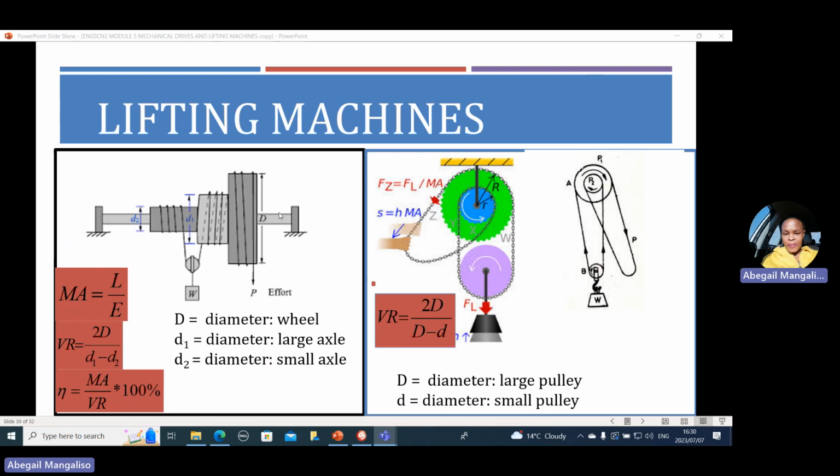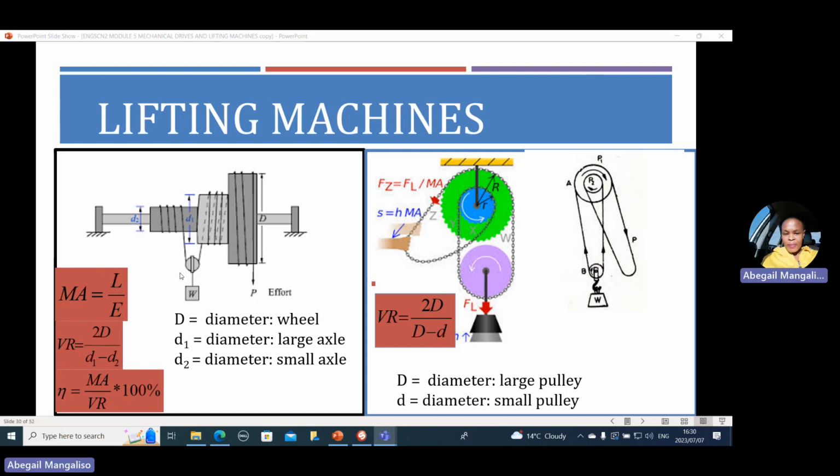This is the shaft, and the shaft is fixed at both ends. Mechanical advantage of this machine is load over effort. Load is the weight that must be raised or hoisted, in newtons. Effort is the minimum force that you apply on the larger wheel.